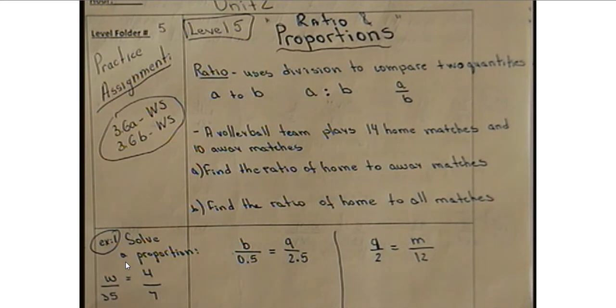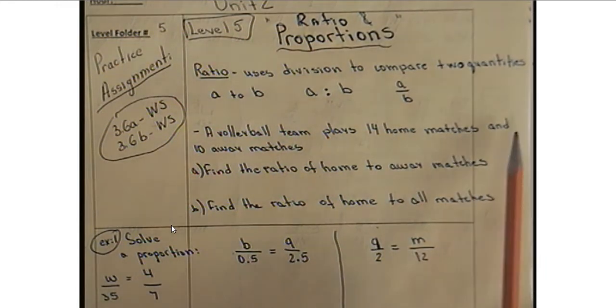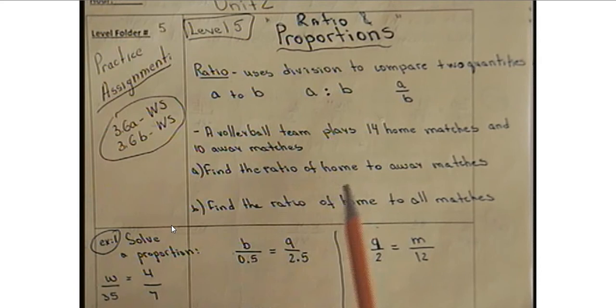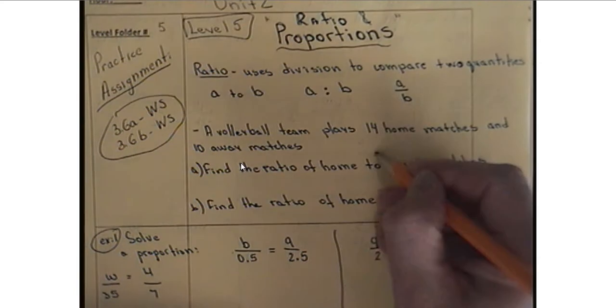Now, if you think about the example and how we write the ratio, or why we need to know about ratio, let's look at this. A volleyball team plays 14 home matches and 10 away matches. Find the ratio of home to away matches. Okay, so here's the keyword.